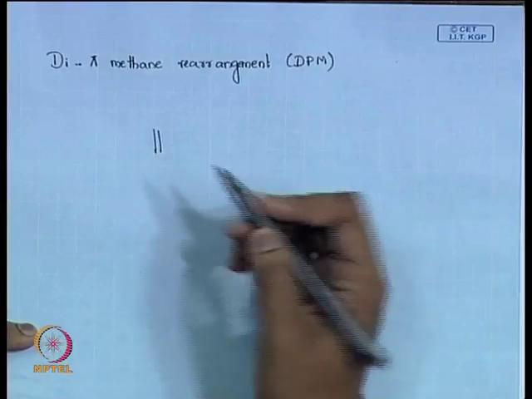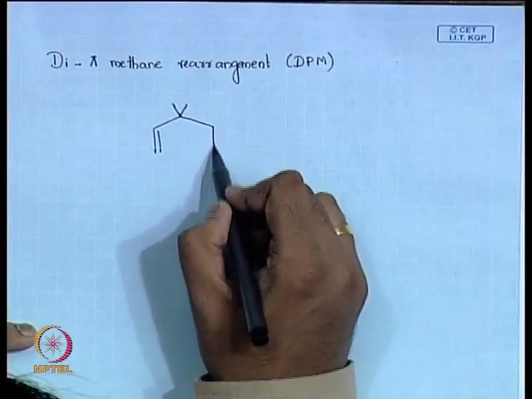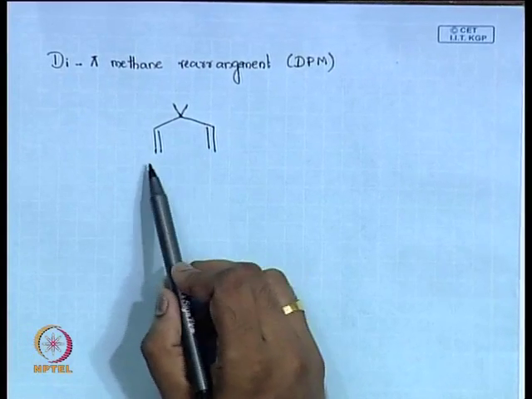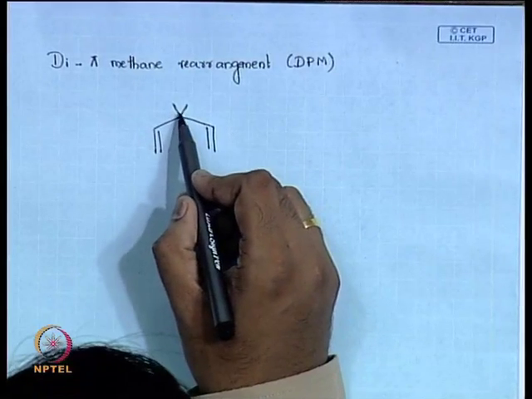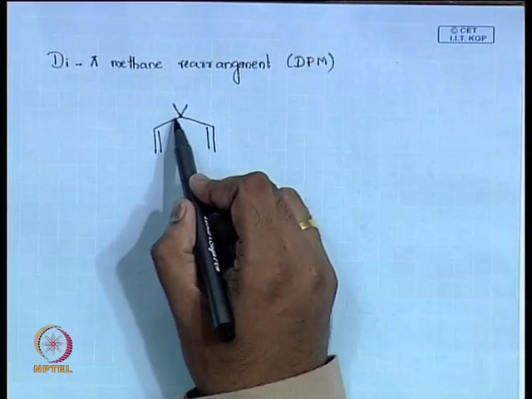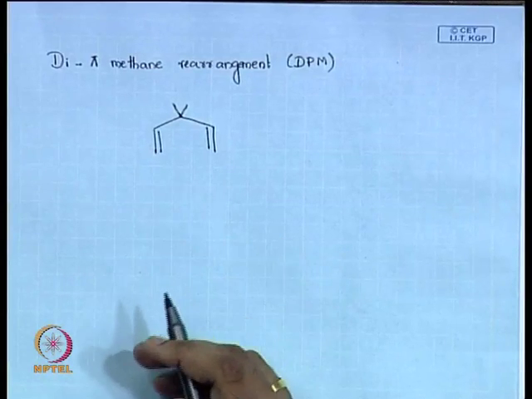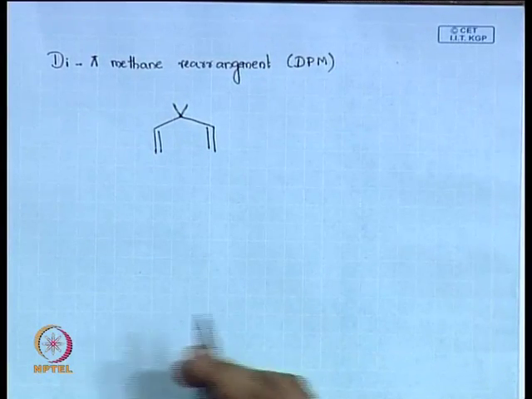What I am exactly saying is, for example, it is a non-conjugated diene, and it is separated by a carbon which is sp3. This type of system, you can start observing di-pi-methane rearrangements.